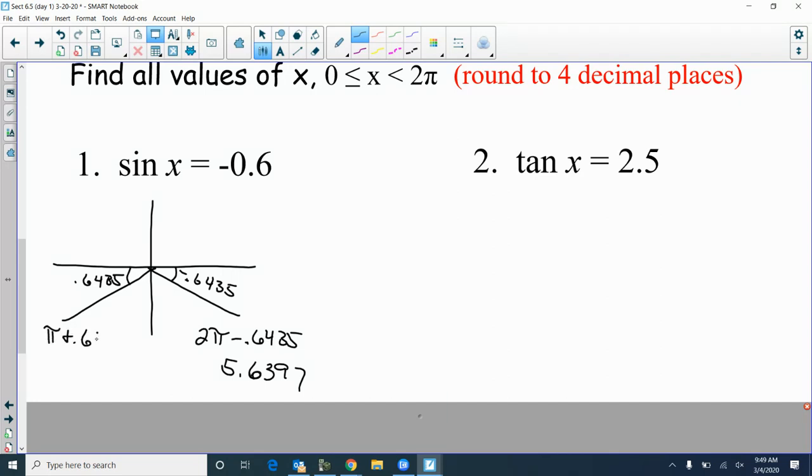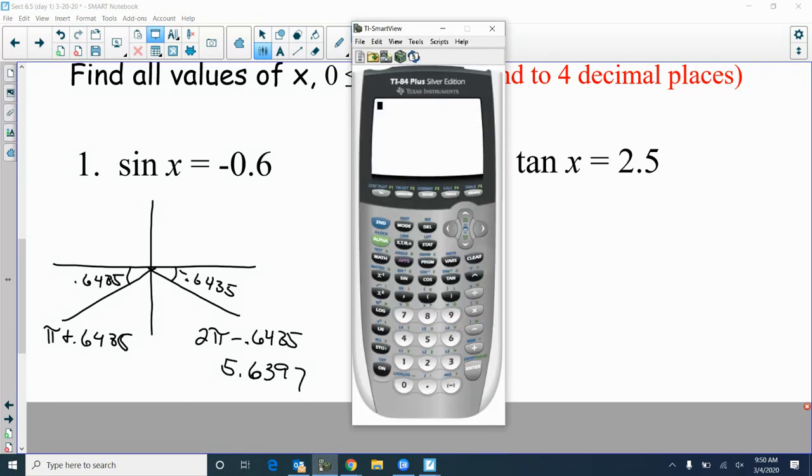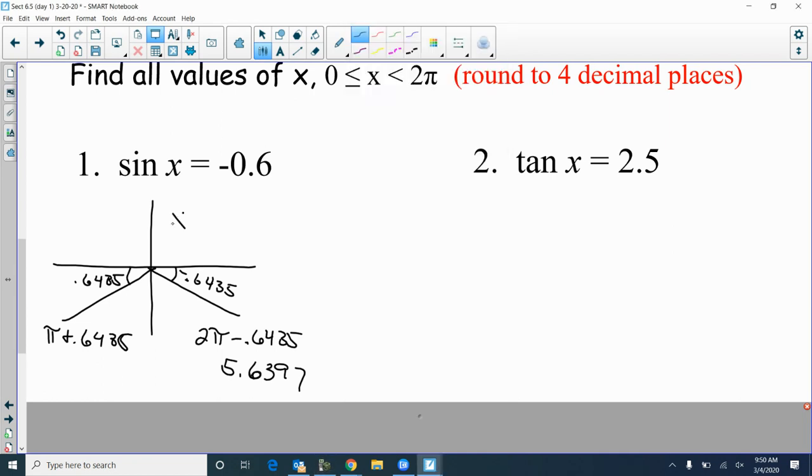Plus 0.6435. Okay. Second, pi plus 0.6435. And then I get 3.7851.